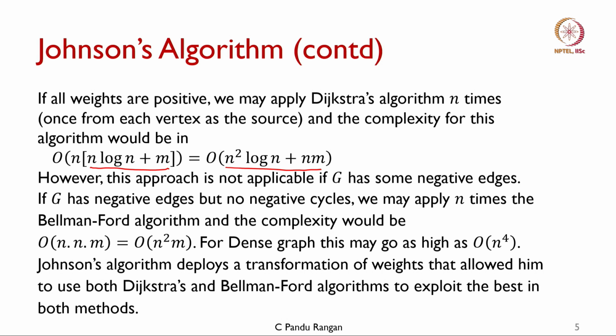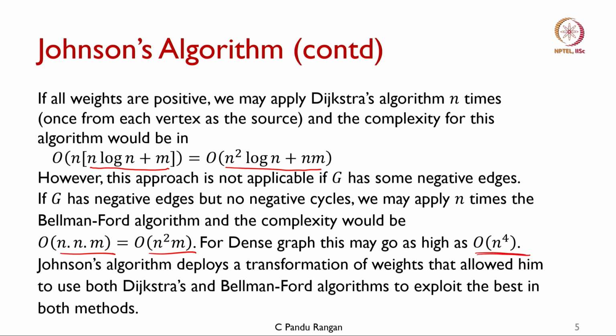Therefore, we have to use the only known algorithm that we have seen so far, the Bellman-Ford algorithm. But Bellman-Ford, which is capable of handling a mix of positive and negative weights, runs in nm time. So if you apply Bellman-Ford n times, then the complexity will be n square m, and when m is n square, it can go as high as n power 4.